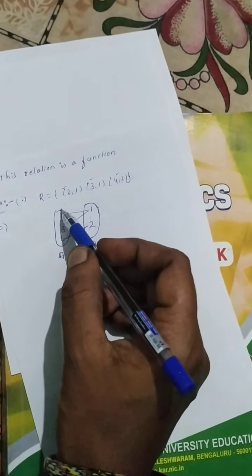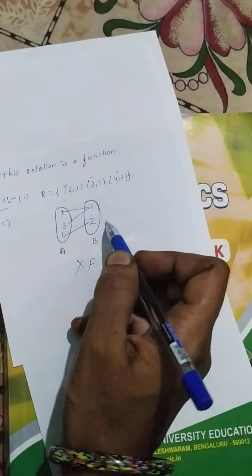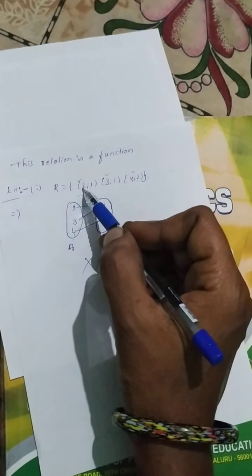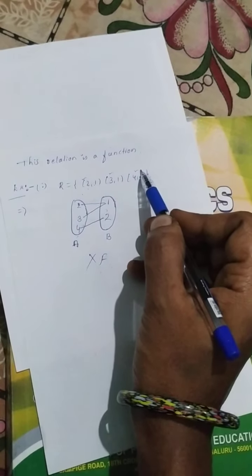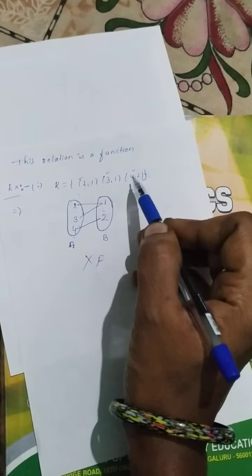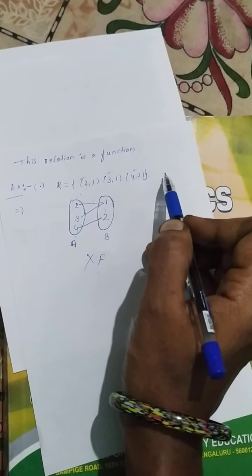But for each and every element of A there is an image in B, and only one image. So when the relation is ordered pairs, you need to check the first element of each ordered pair. The first elements should be different, then only you can say that this relation is a function.